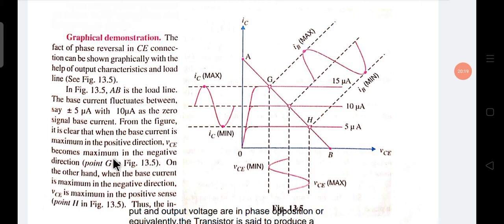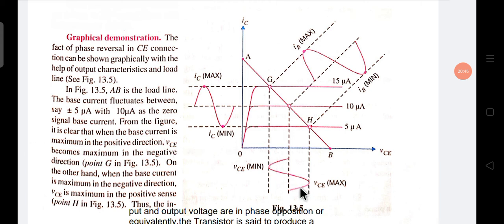Now this point G, remember this G point. On the other hand, when the base current is maximum in the negative direction, VCE is maximum in the positive direction, at point H. Whenever the IB current is minimum, then VCE is maximum in the positive direction. This is the positive direction, this is the negative direction.